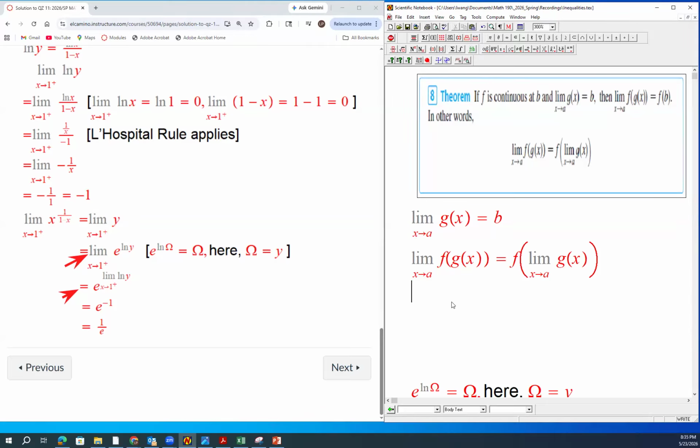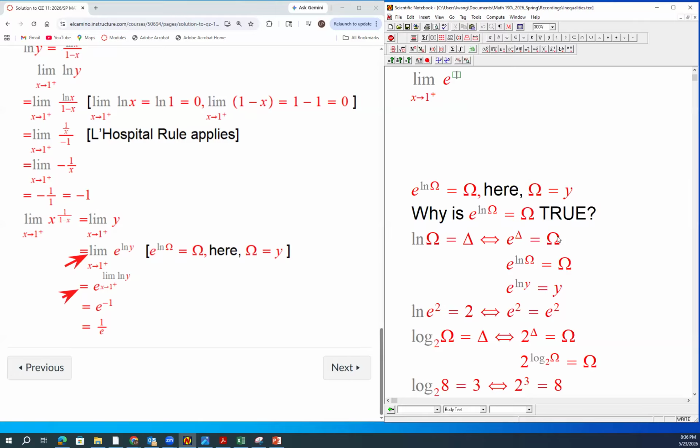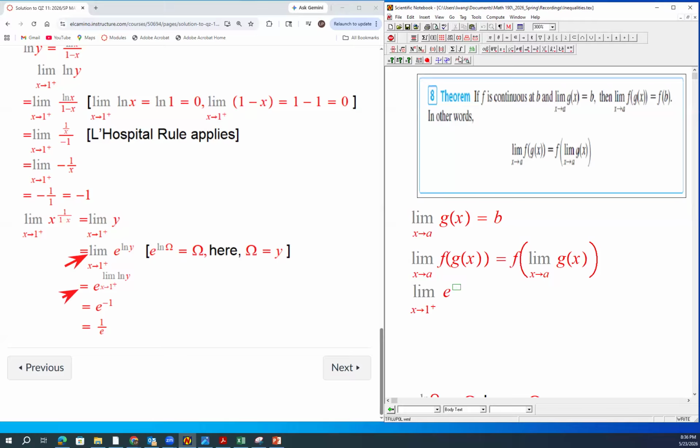So in our case, what is f? x is approaching 1 from larger than 1. The function we have is e to the power of something. I'm going to use a heart as a notation.